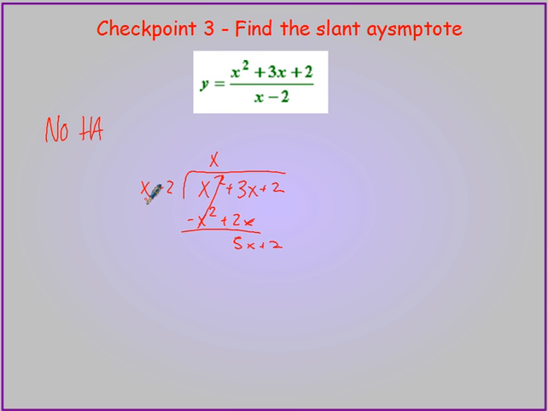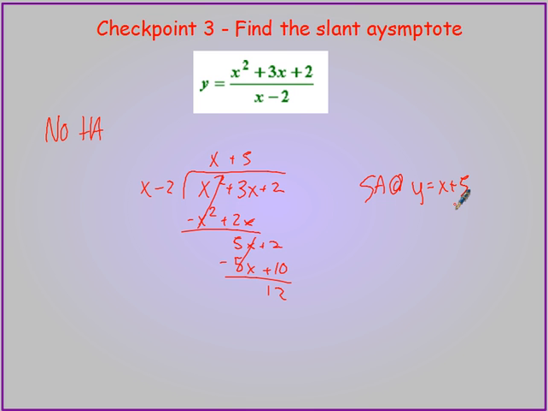X times what will give me 5x? So positive 5. 5 times x is 5x minus 10. That gives me a minus positive. Then I should end up with a 12. This is my remainder, I ignore it. So where is my SA? Everybody get that? Good?